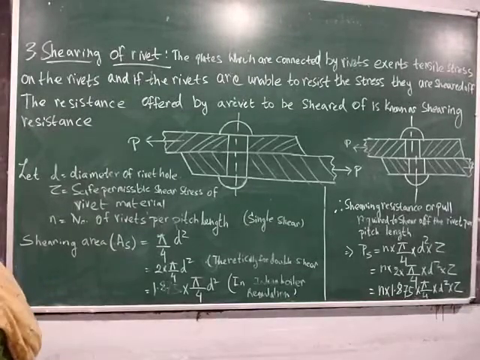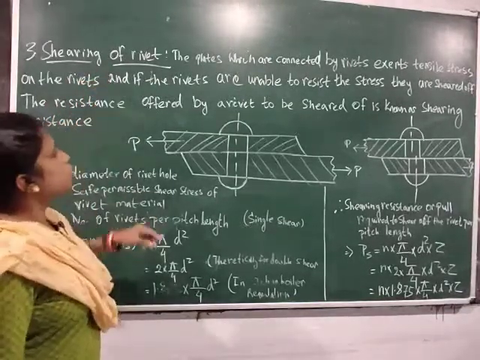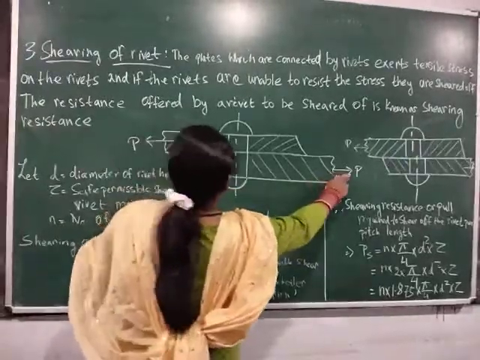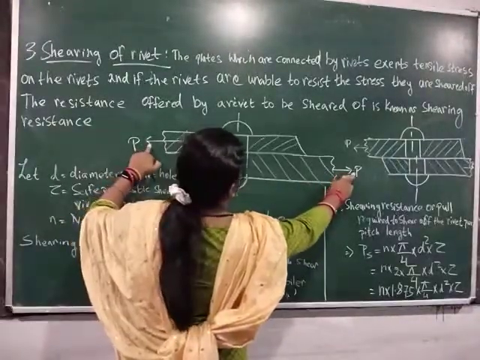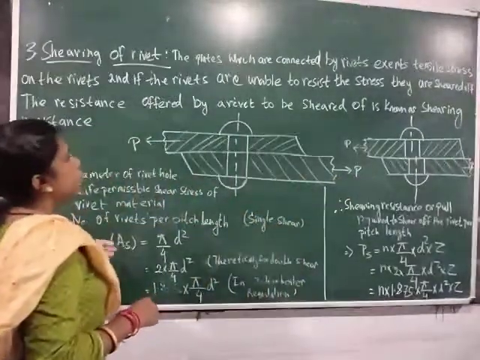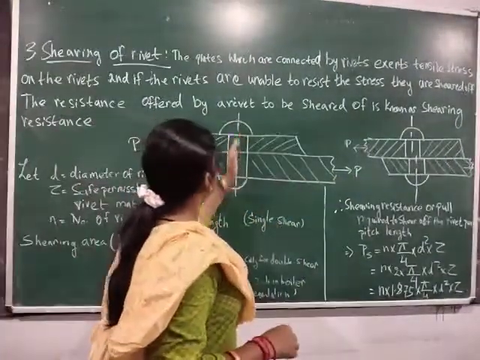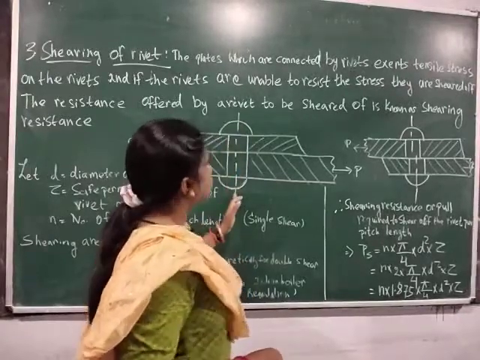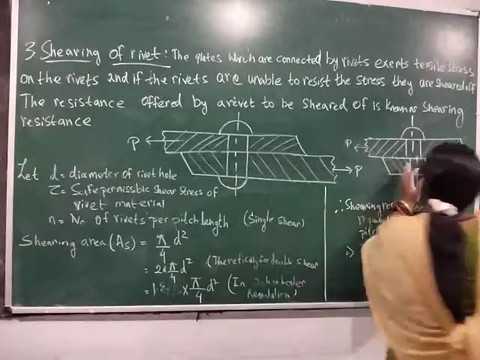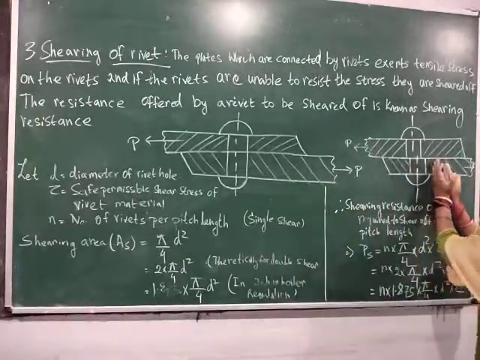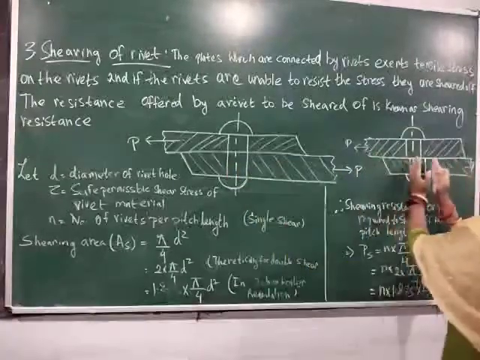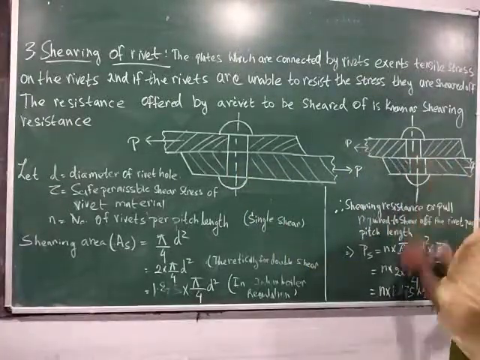Next, third is shearing of rivet. When the two plates are like this and the shearing force acts like this, the rivets which are joined in this axis will shear off, and due to shearing force there is a misalignment. So this rivet is misaligned to this distance.